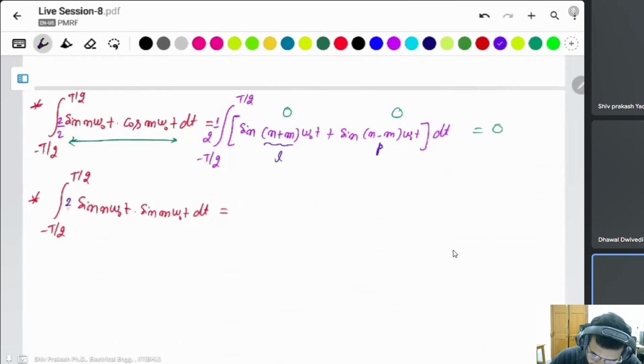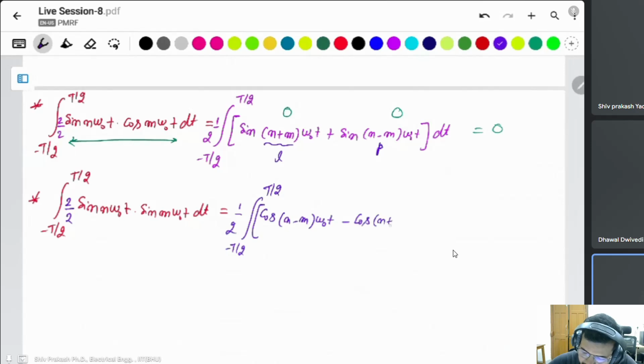Again, multiply by 2, divide by 2, and 2 sine a sine b will occur in the cos function. Then 1 by 2 can be common, integration of minus T by 2 to T by 2, cos (n minus m) omega naught t minus cos (n plus m) omega naught t.